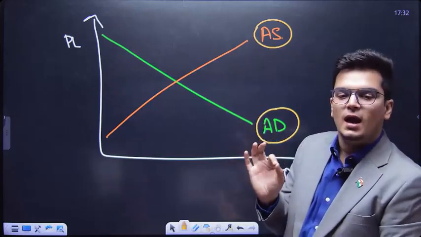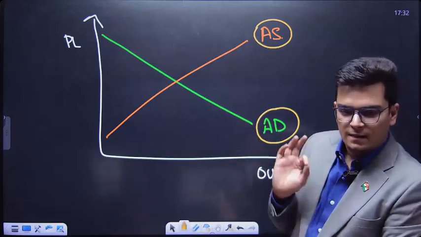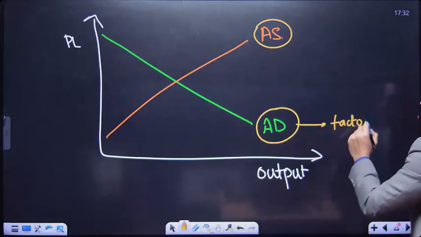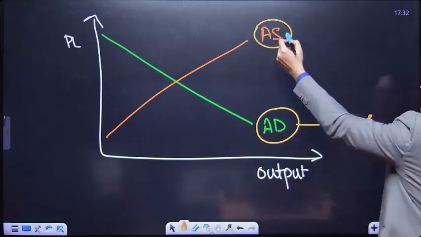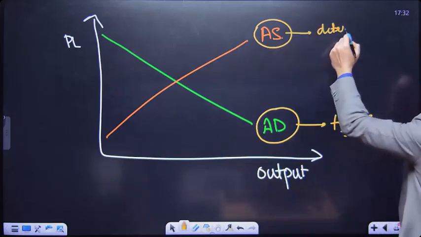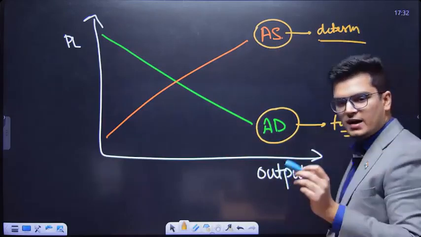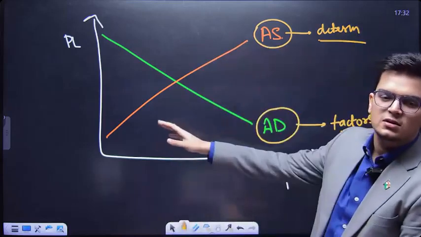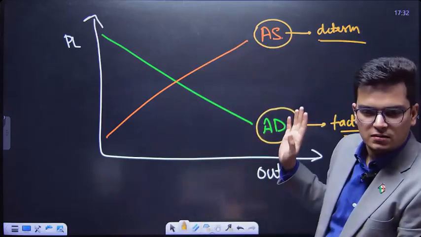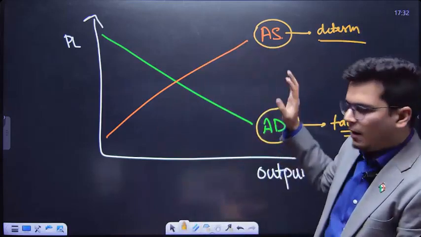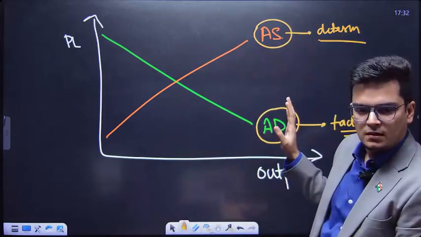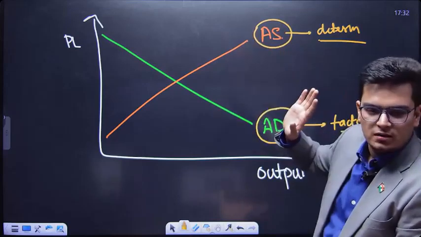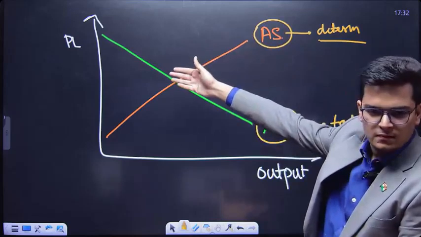सो अब मुझे क्या याद होना चाहिए इन्फ्लेशन पढ़ने के लिए? अब मुझे याद होना चाहिए फैक्टर्स अफेक्टिंग एग्रीगेट डिमांड, determinants of aggregate demand and determinants of aggregate supply. If this I remember, then I am completely able to write this topic here. अब कोई दिक्कत नहीं होनी चाहिए, राइट? या तो एग्रीगेट डिमांड चेंज होगी या एग्रीगेट सप्लाई चेंज होगी, तभी प्राइस लेवल चेंज होगा, राइट?